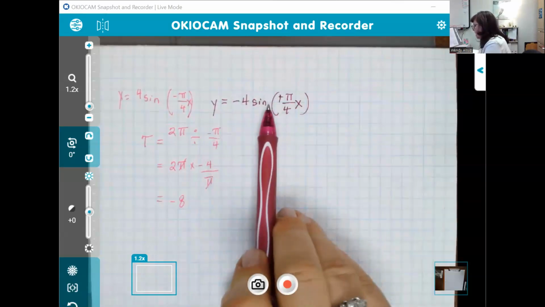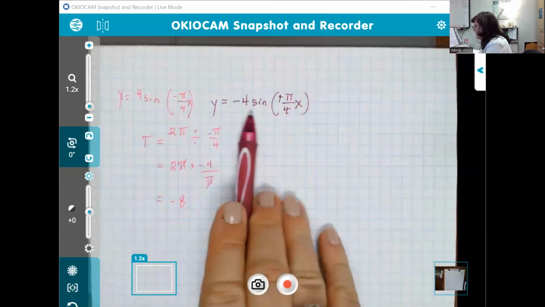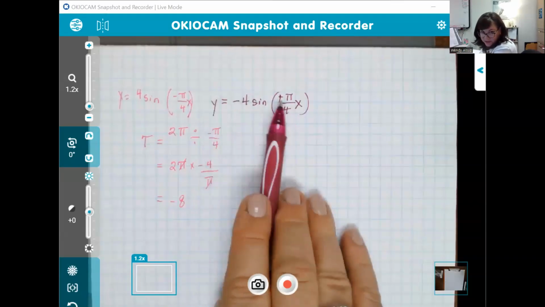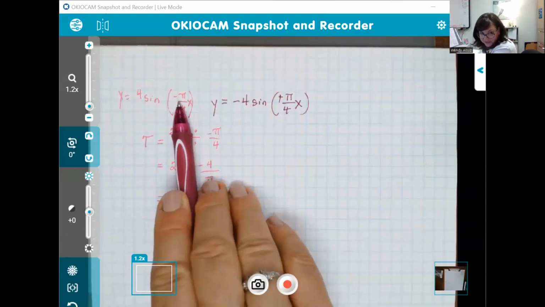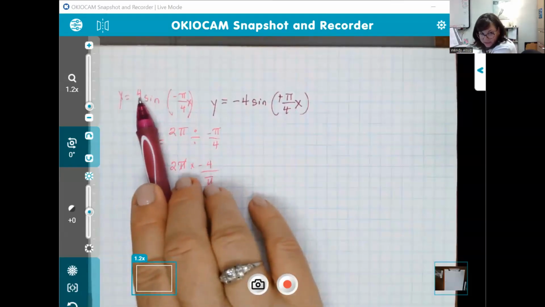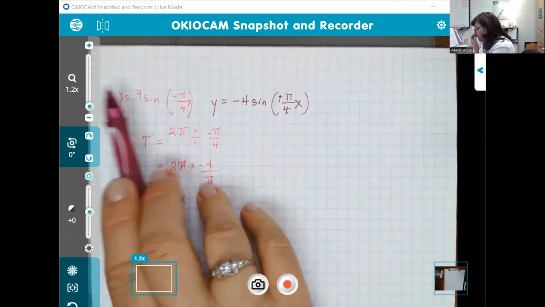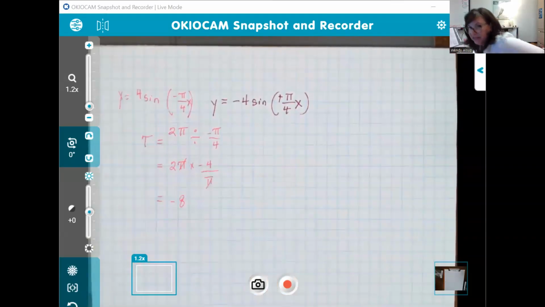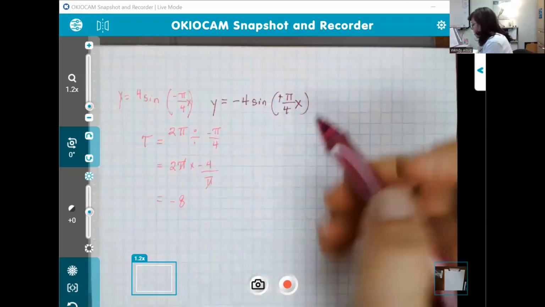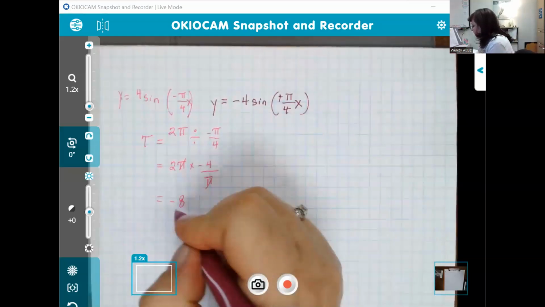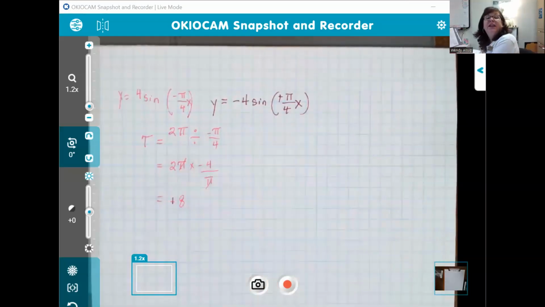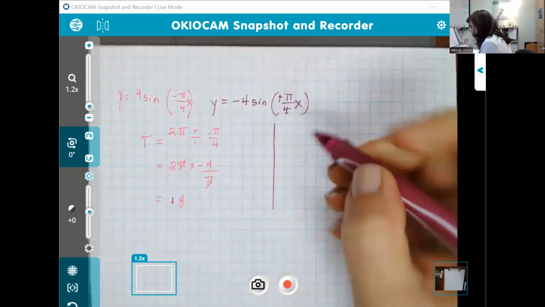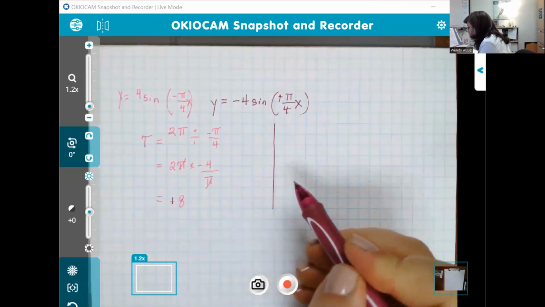This is rewriting it using the principle that it's odd: the opposite of x gives you the opposite y. Instead of putting the negative inside, we can put it out front. That's a perfectly legal algebraic move. Now if we do it that way, our period is 8, not -8, and that makes a little more sense. So let's start to graph this.